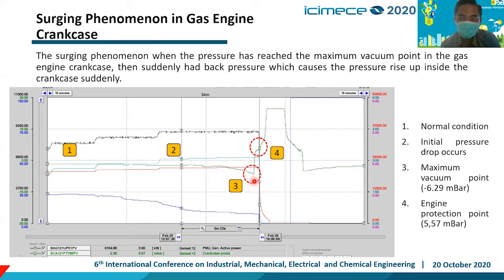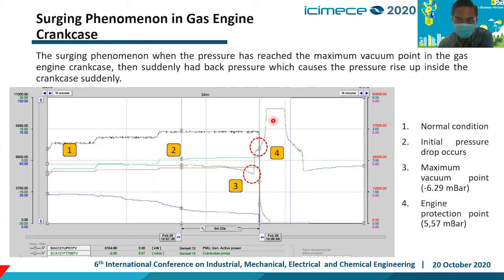Suddenly the crankcase pressure is raised until number 4, the maximum point, the engine protection point. This is about 5.57 millibar, and then it keeps rising until the pressure is 25 millibar. It means the same as the atmosphere or the height of the ventilation pipe.